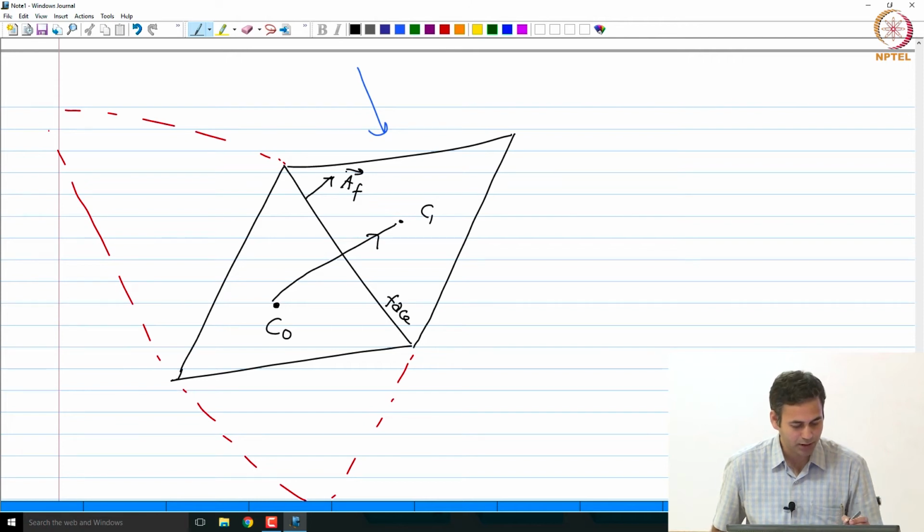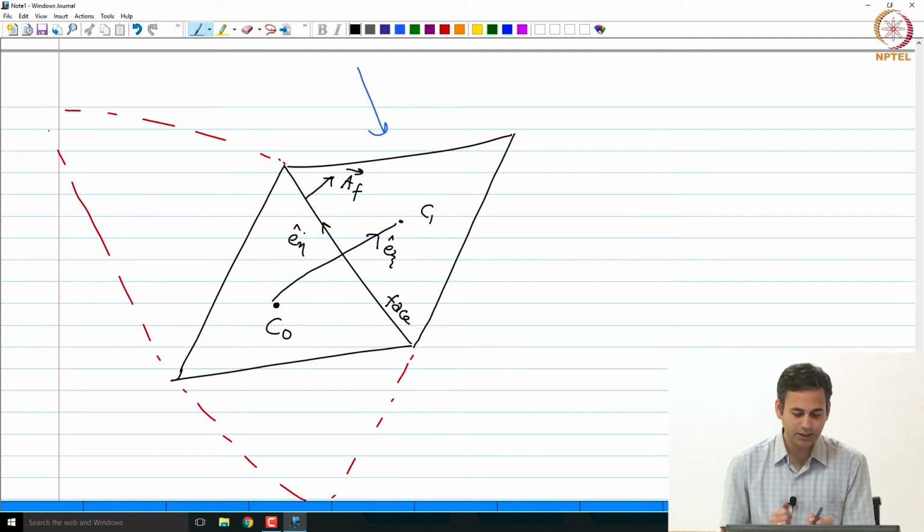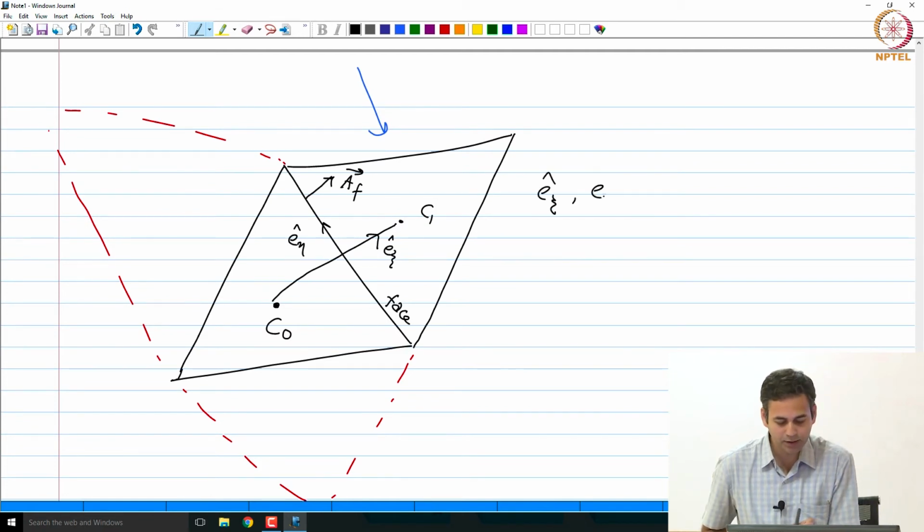Now, I can of course also define 2 coordinate systems. One is running along the C 0 C 1 direction, which I would like to call E xi, and another one running along the face, which I would like to call E eta hat. What kind of a coordinate system is this? Is it orthogonal or non-orthogonal?